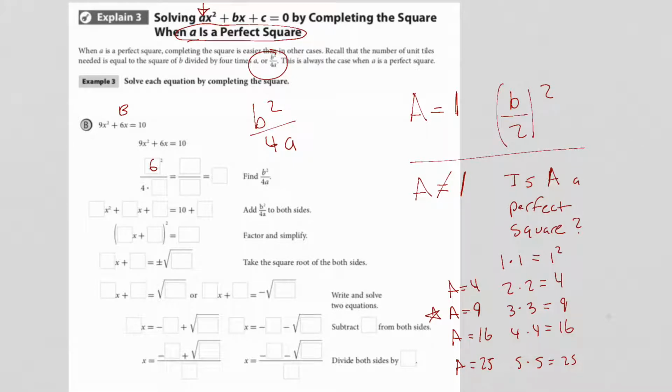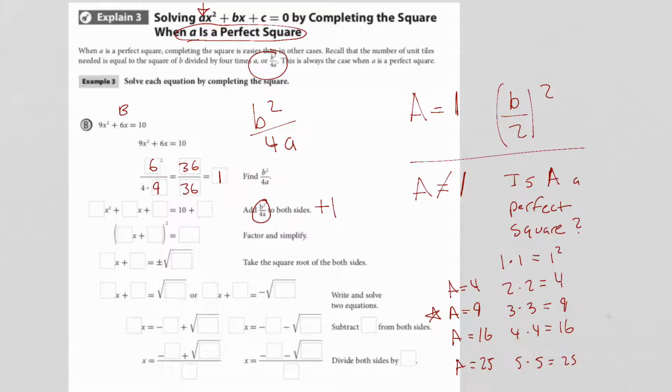So it's going to be 6 squared divided by 4 times a. How much is a? 9. So this winds up being 36 divided by 36, which is equal to 1. So we are going to add 1 to both sides because that's what b squared divided by 4a is.